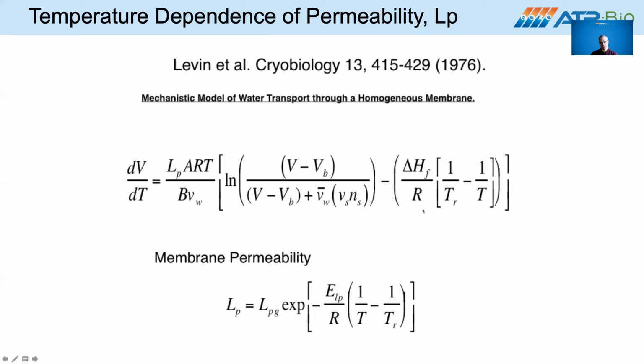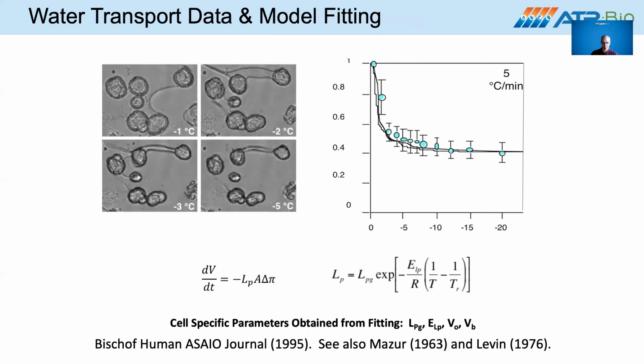And then the rest of this, these are the chemical activities that we just derived and talked about in the last slides. Finally, this membrane permeability is this Arrhenius relationship that Levin was the first to propose. And so as you go to a lower and lower temperature, you're basically shutting off the permeability, and you'll shut it off in a more extreme way with the higher the activation energy.